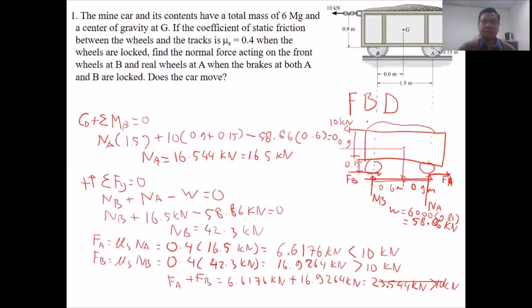Okay, I hope this answers all the questions in number one. I hope you can understand the procedure and the steps to answer from the initial until the finish.